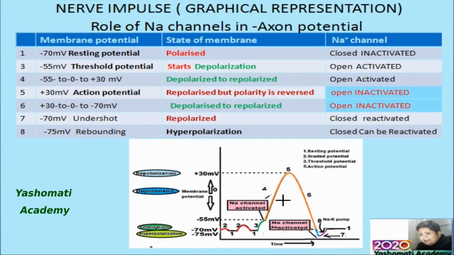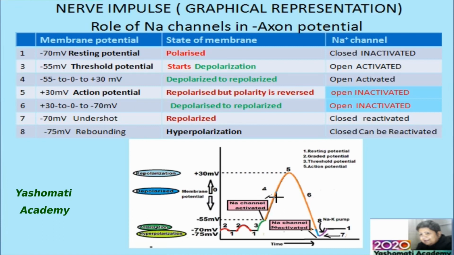So, a stage will be reached where the membrane potential becomes 0 across the membrane. That stage is called the fully depolarized membrane. So, here you see that when the potential becomes 0, the membrane is fully depolarized. But sodium channels are very quick acting.